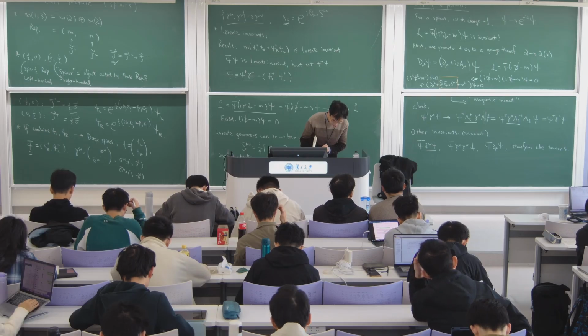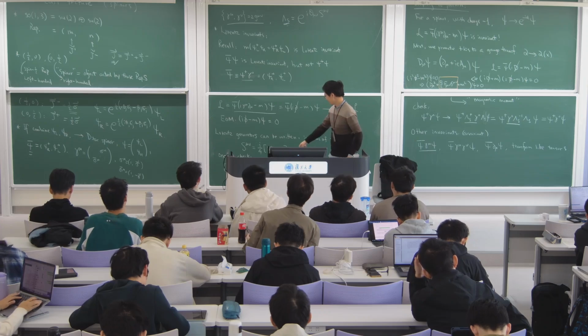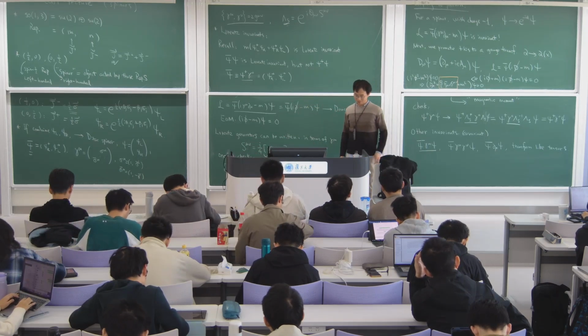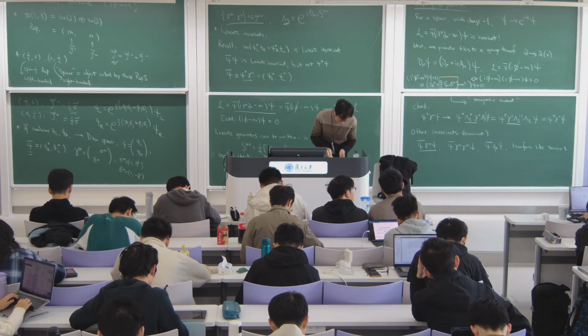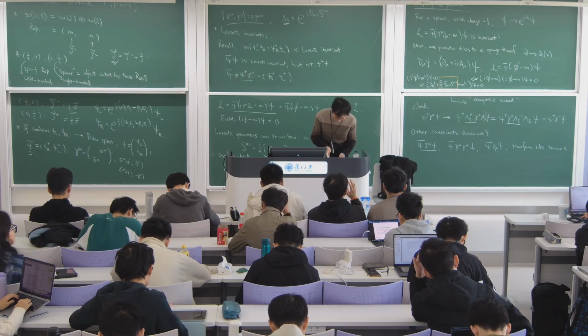Yeah, sigma mu is the commutator of the gamma matrices. So it's this one, maybe up to some numerical coefficient, you can check yourself. That's the sigma mu.